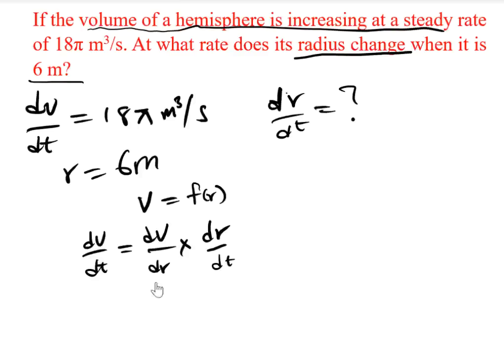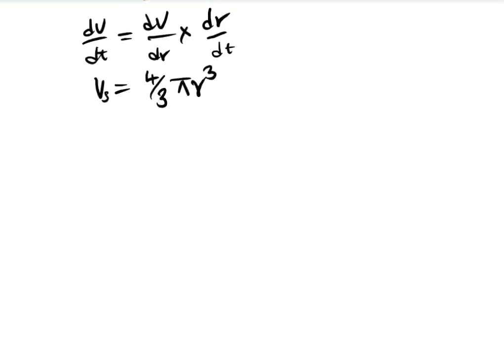For us to find dV/dr, we already know that the volume of a sphere is equal to 4 divided by 3 pi r cubed. Therefore, a hemisphere is half of a sphere.